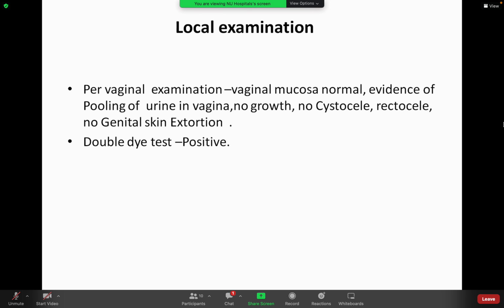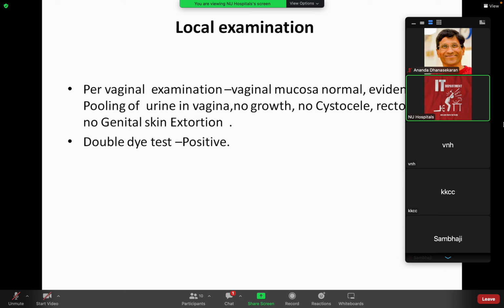So the clinical examination confirms the presence of ureterovaginal fistula. Are you sure? How are you sure? Can I go with the clinical examination and plan my surgery? No, sir. I would like to go for imaging, sir. Because you said confirm. Yeah, you are confirming there is a leak.